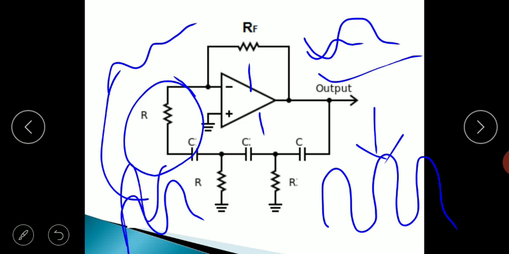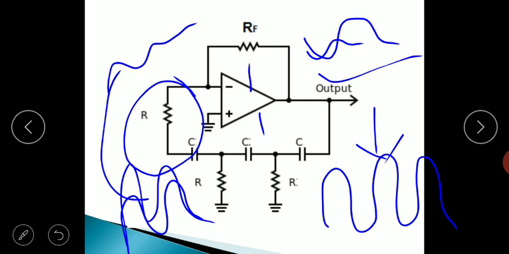So again this process will continue, and in this process the gain of the amplifier A goes on increasing, or the product of gain A and the feedback fraction beta, that is the loop gain A beta, goes on increasing.